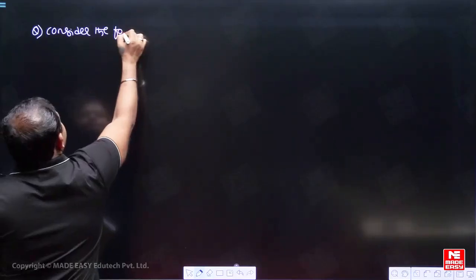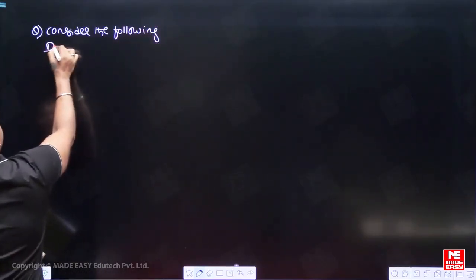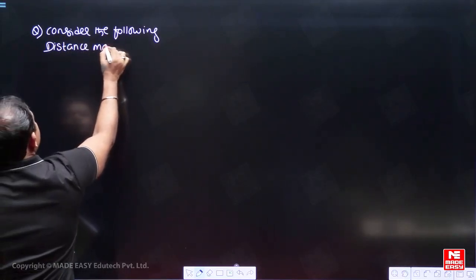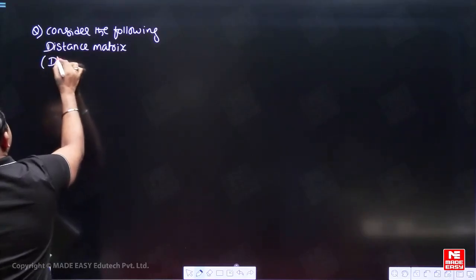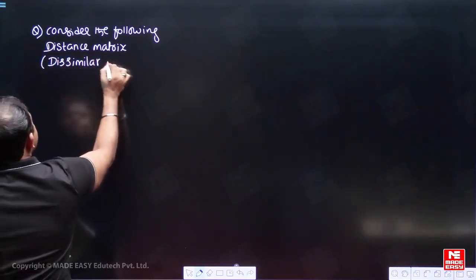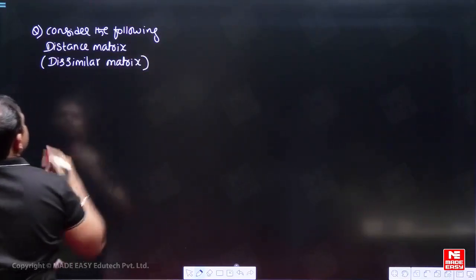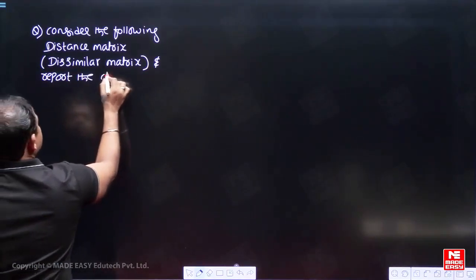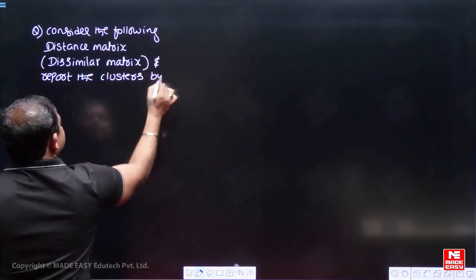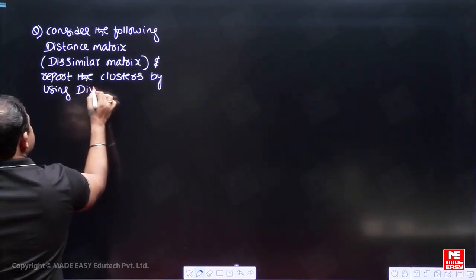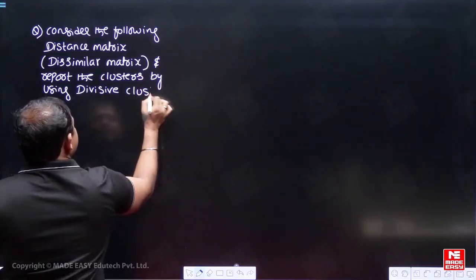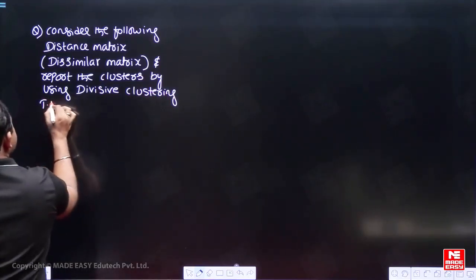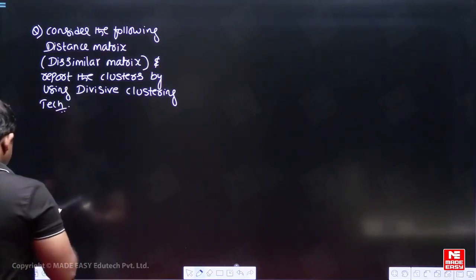Consider the following distance matrix, in bracket, dissimilarity matrix, and report the clusters by using the divisive clustering technique. Okay, take this.